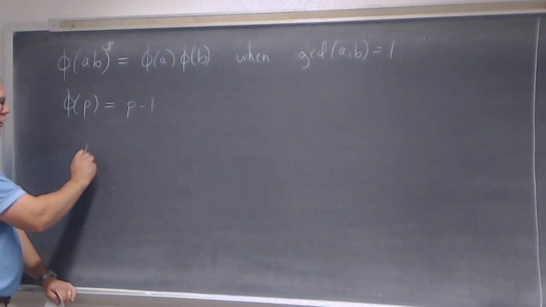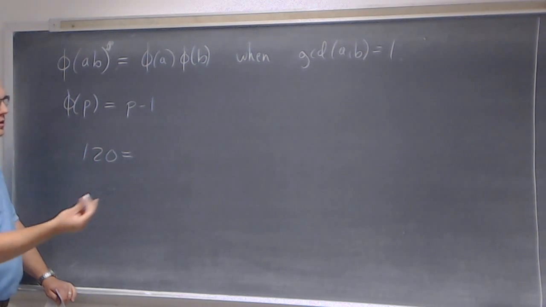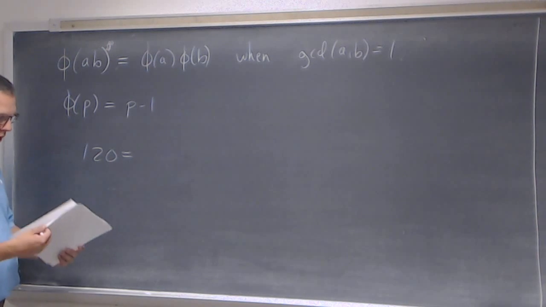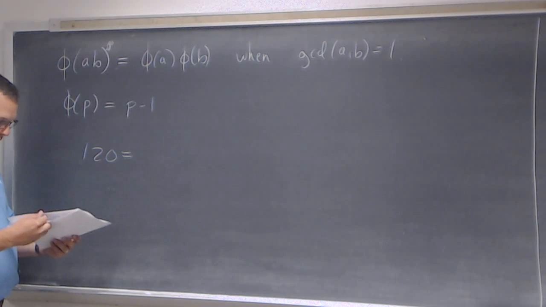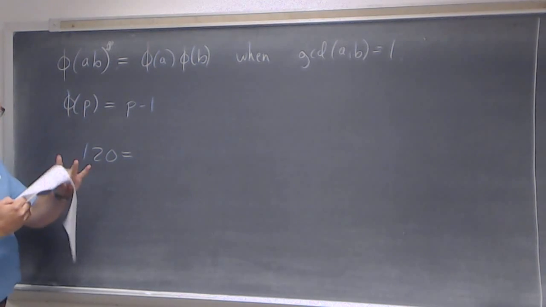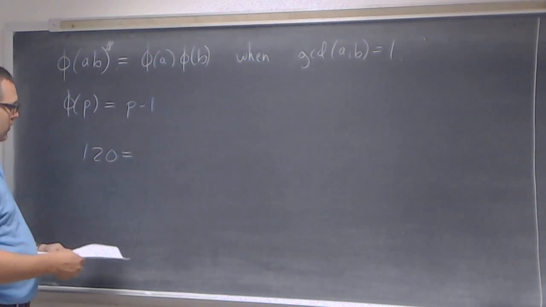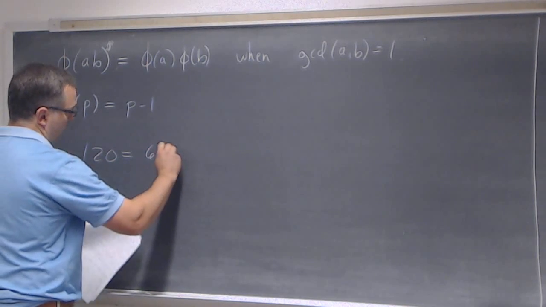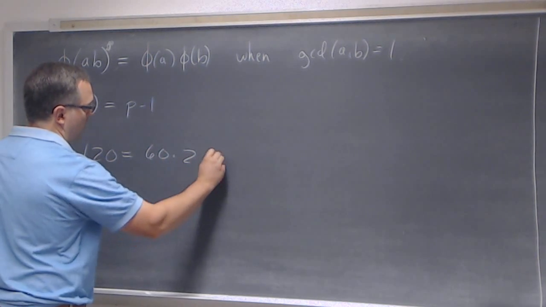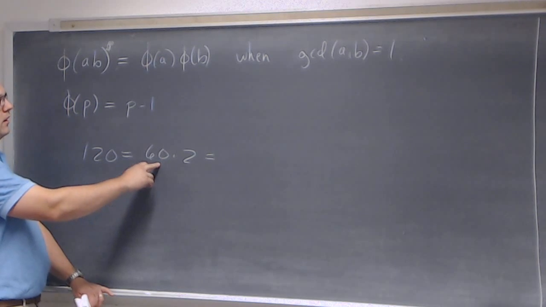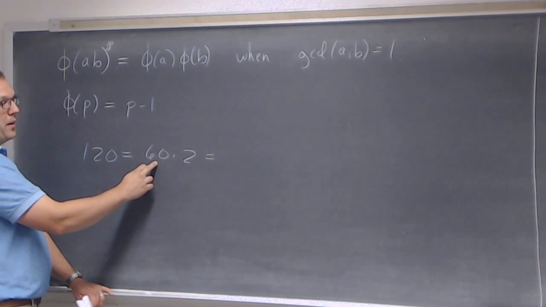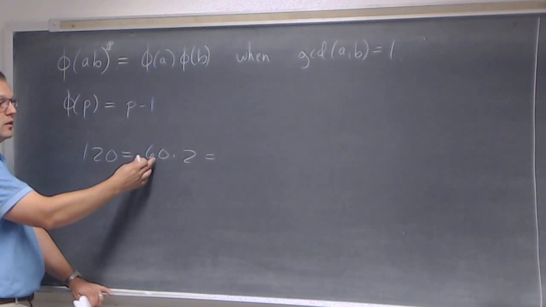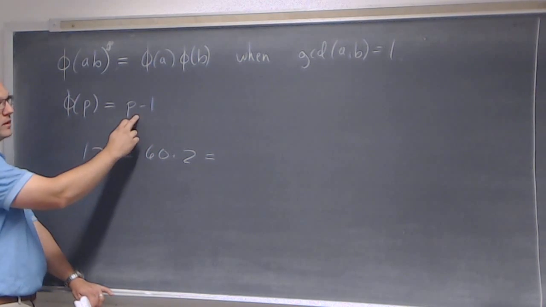So if you can factor 120, and there are a lot of different ways to factor 120. Think of 120 as 60 times 2. If you can find a prime whose phi is 60, like 61 is prime, so phi of 61 would be 60.